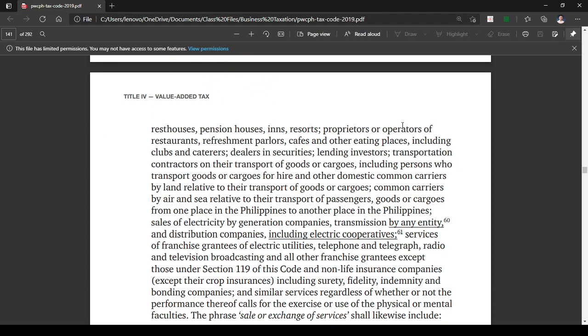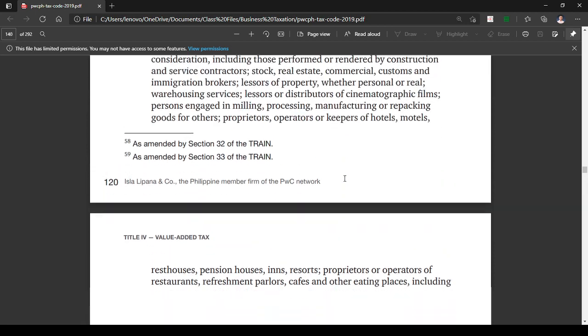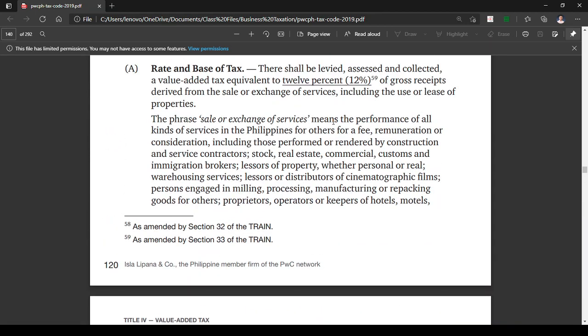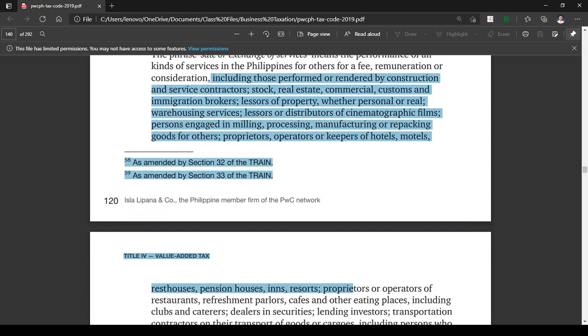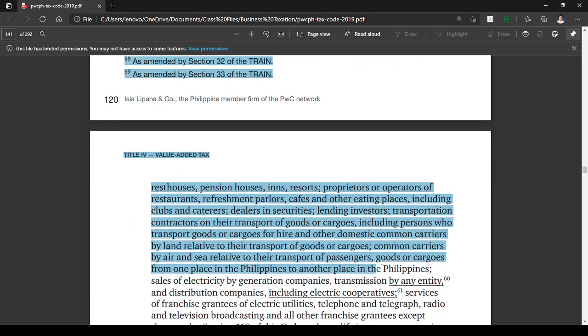Many, many more. Okay, so pakibasa na lang dito. So medyo marami-rami, right? So all of this are examples or are included dito sa term na services natin.